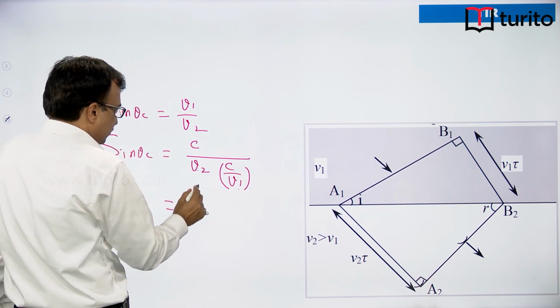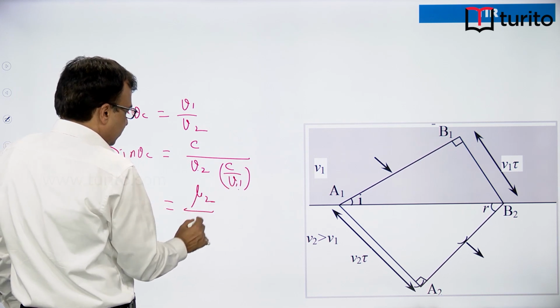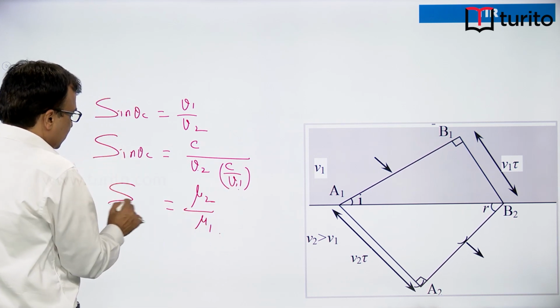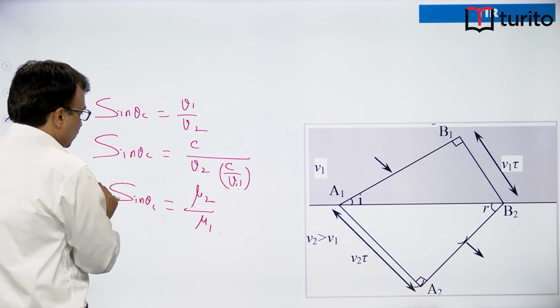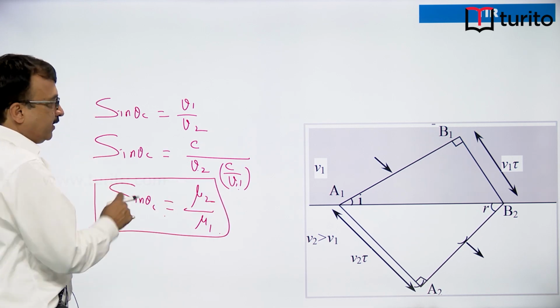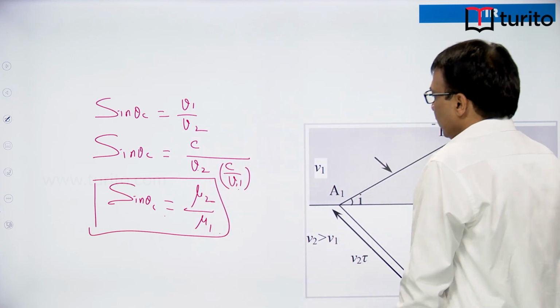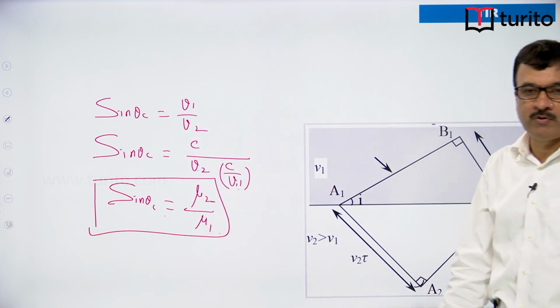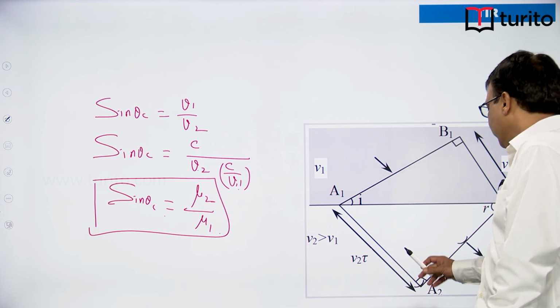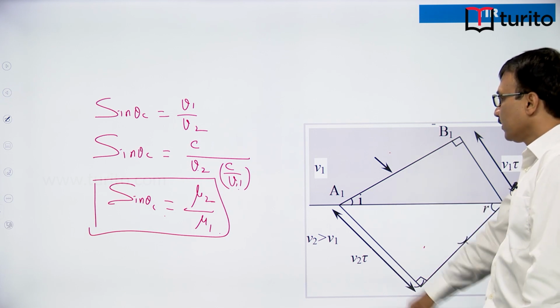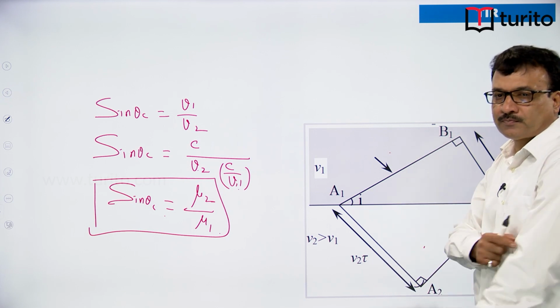C upon V2 is mu2 and this is mu1 by definition. Sin theta c equals mu2 upon mu1, and this is the critical angle theta c. Theta c we can calculate using sin inverse mu2 upon mu1. Mu2 is the refractive index of this medium and this is mu1.